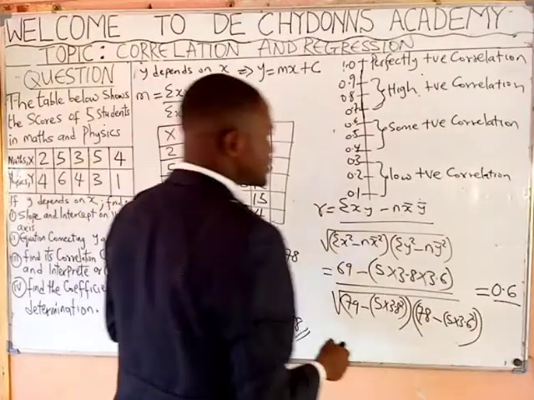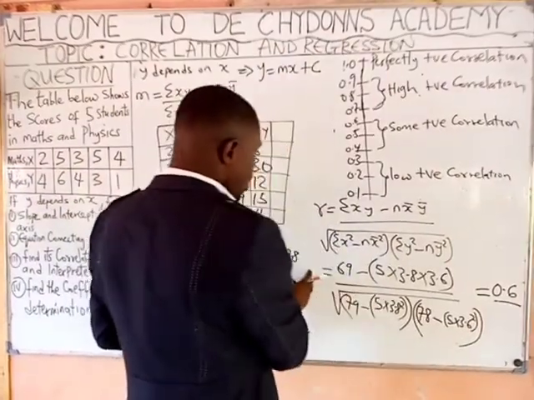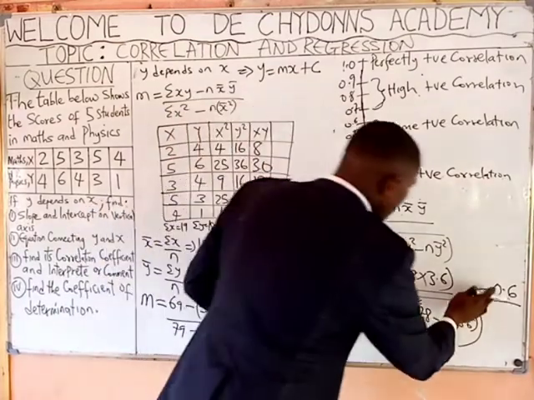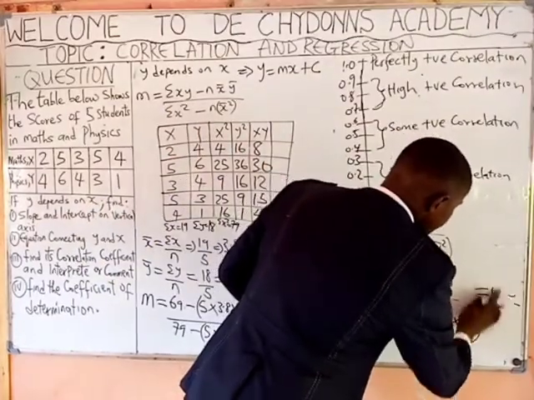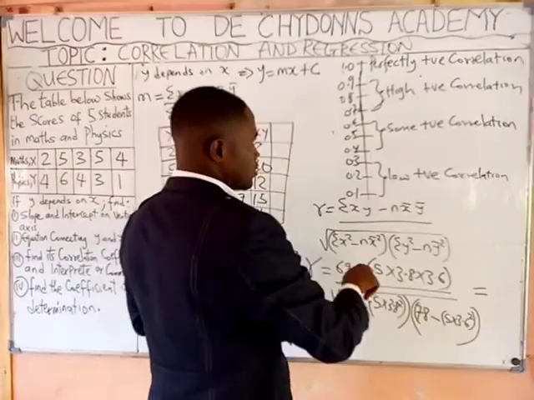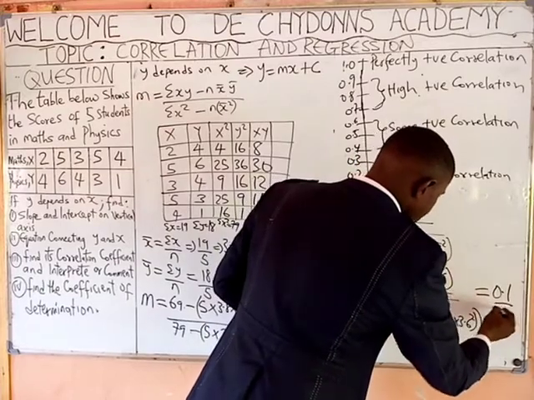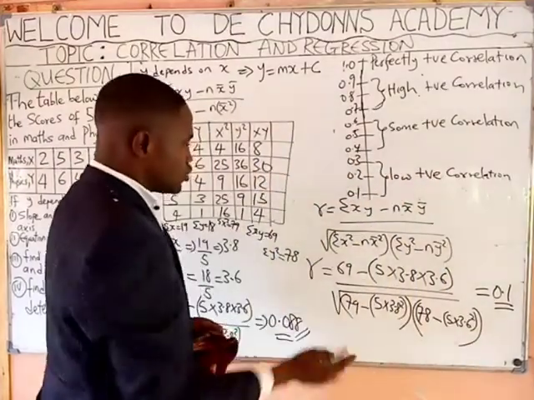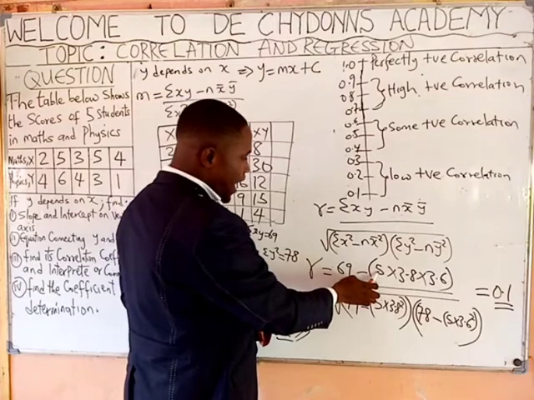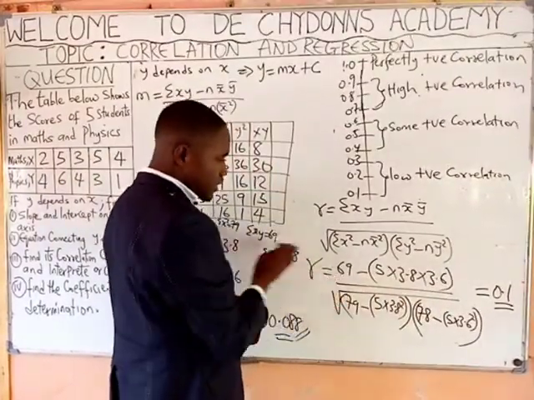When you compute this, you will be getting that your R will be giving you 0.1 approximately.